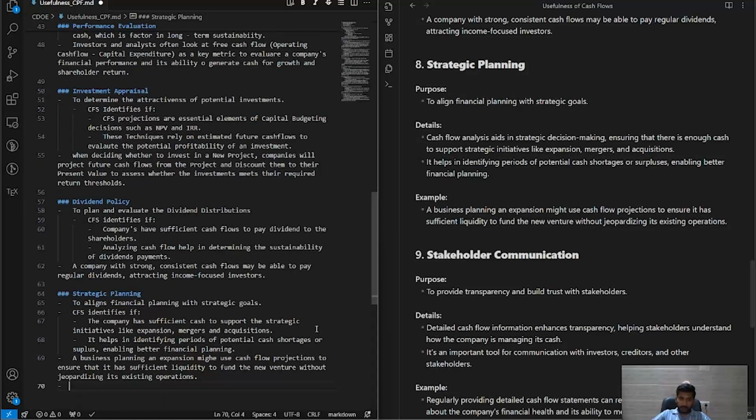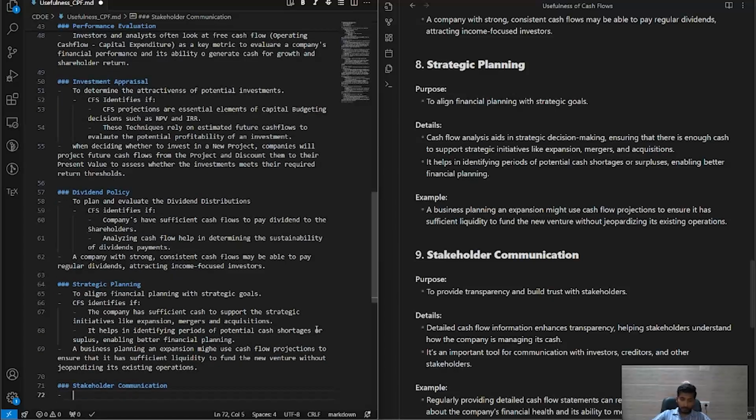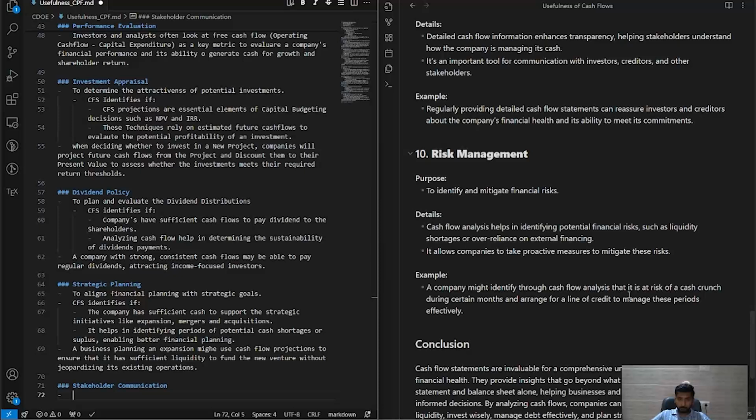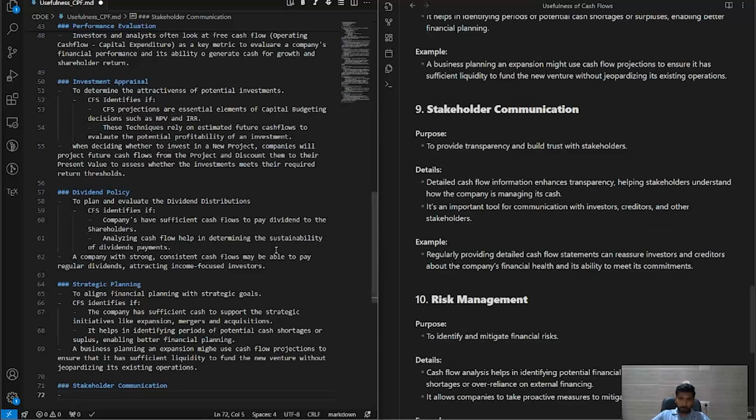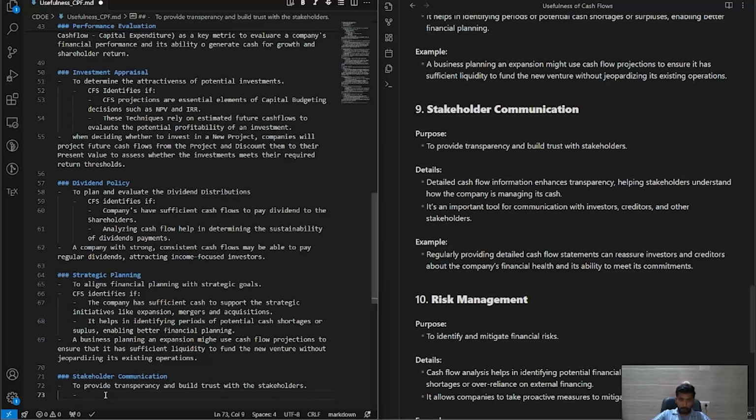Okay. Then cash flow is also really important for stakeholder communication. A stakeholder is someone who has a keen interest in your business. So it is used to provide transparency and build trust with the stakeholders.